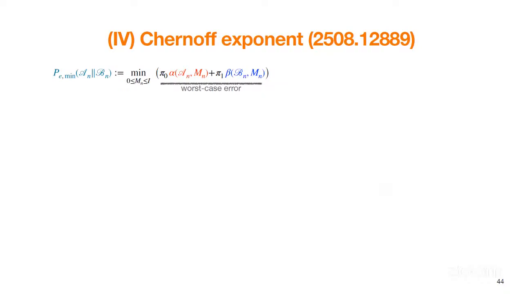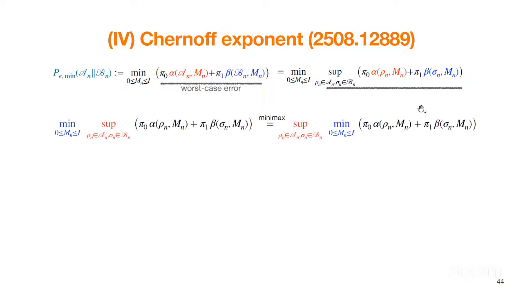So we give a more detailed analysis here. You write down the minimum error probability for composite hypotheses. You have this minimax optimization. You can easily prove that because type 1 and type 2 error probabilities are essentially linear functions with respect to all the variables, minimax holds for this error probability for fixed lambda of n. But this minimax equality provides us two perspectives to look at the same thing.